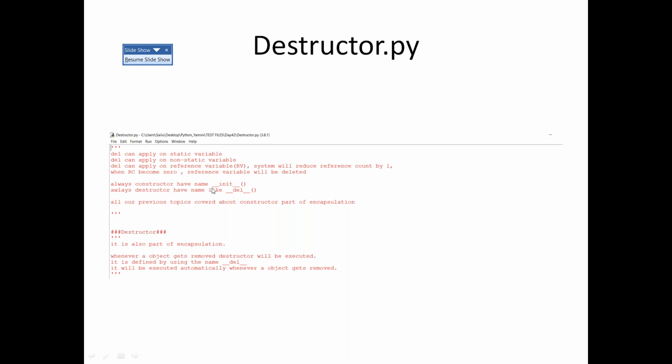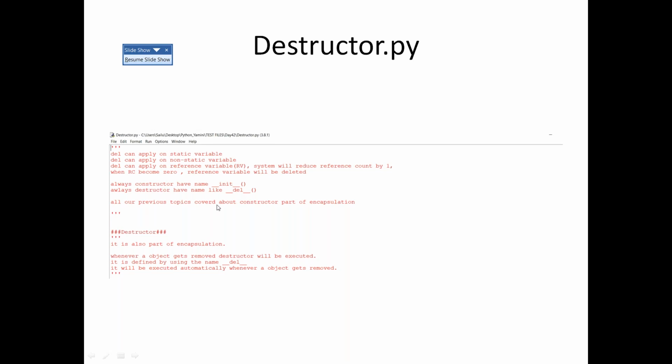Always, a constructor has the name __init__, which is the concept we discussed in the previous class. When you come to a destructor, destructors always have the name __del__. So if you are using init, the system considers it a constructor. If you are using del, the system considers it a destructor.